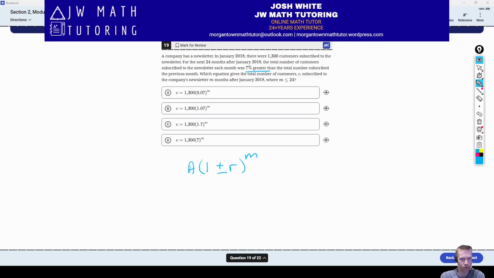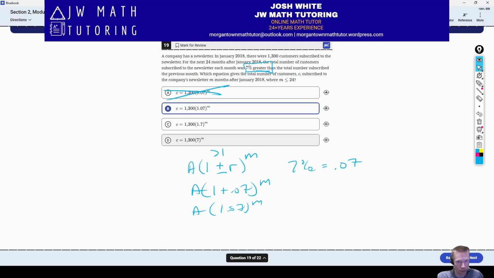This number is going to be greater than 1 inside here. So first of all, a is out. It's totally wrong. And then the r is the actual growth rate. In this case, that is the 7%. So it's 7%, but as a decimal, of course, that's 0.07. So it's just 1 plus 0.07, which just becomes 1.07. Therefore, the correct answer is going to be letter B right here.